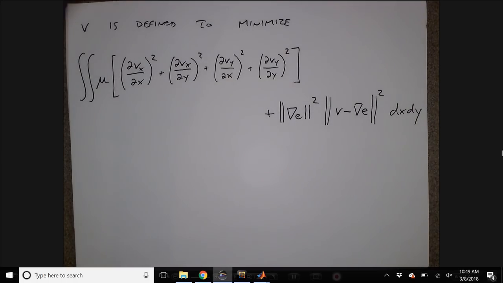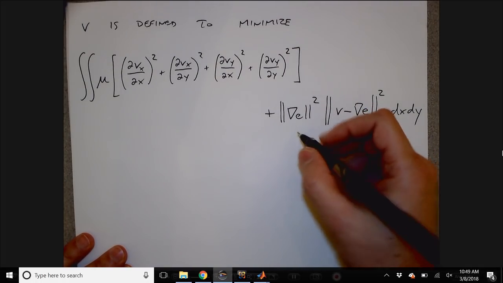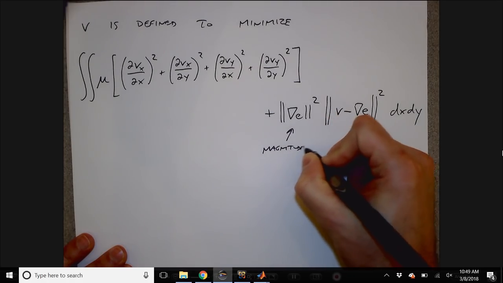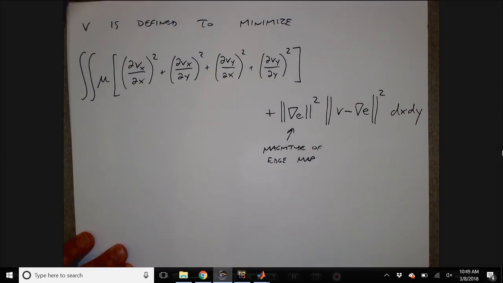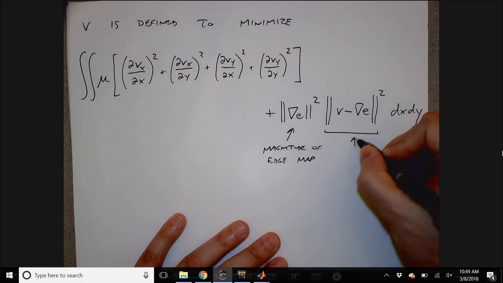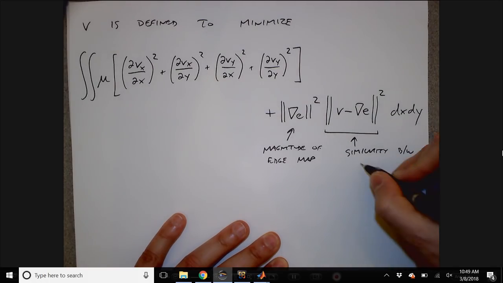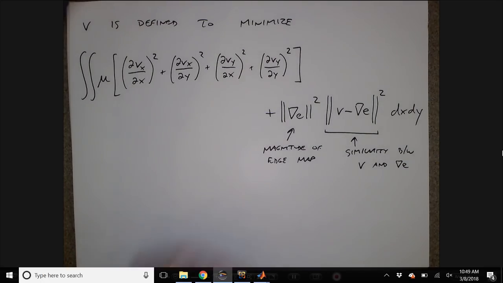So let's unpack this for a second, right? This here is basically the magnitude of the edge map, right? How much gradient action is there, okay? And this is basically saying how similar the thing that I'm creating is to the thing that I want, okay?